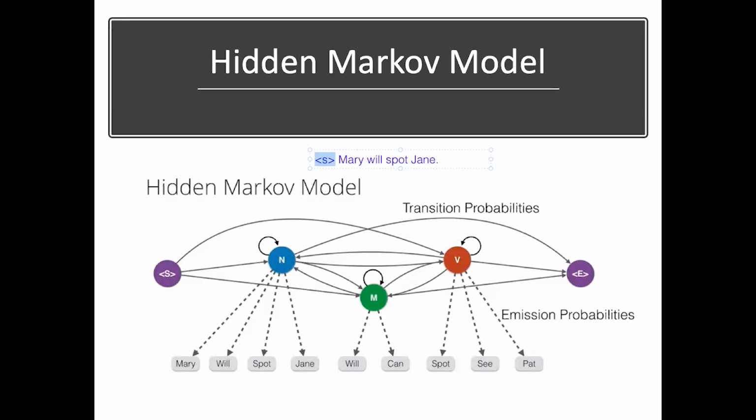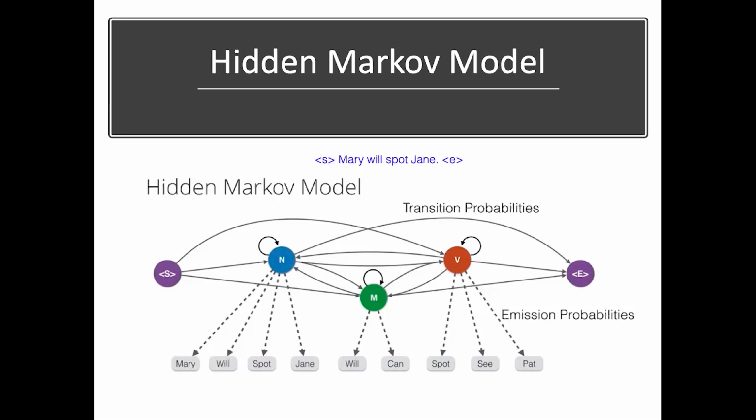I've put an S tag here, which stands for the start of the sentence. I will put an E tag here, which means the end of the sentence. Now, if I move forward from my sentence, S is where I begin. So in the hidden Markov model, you're standing at S and you want to move to Mary. The probability of moving to Mary from the start will be given by transition probabilities.